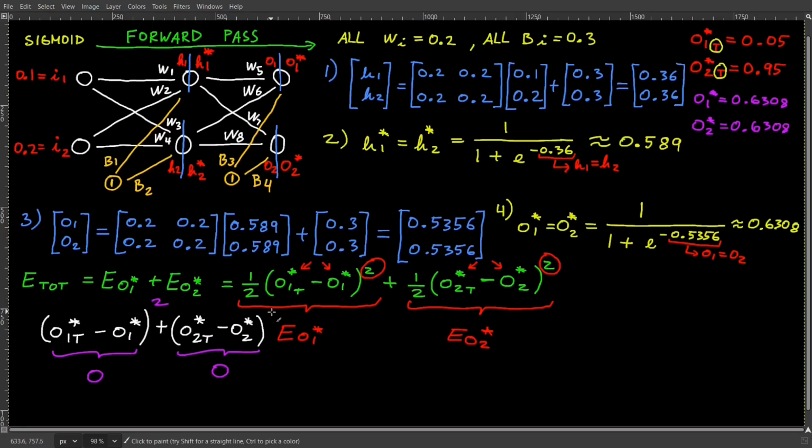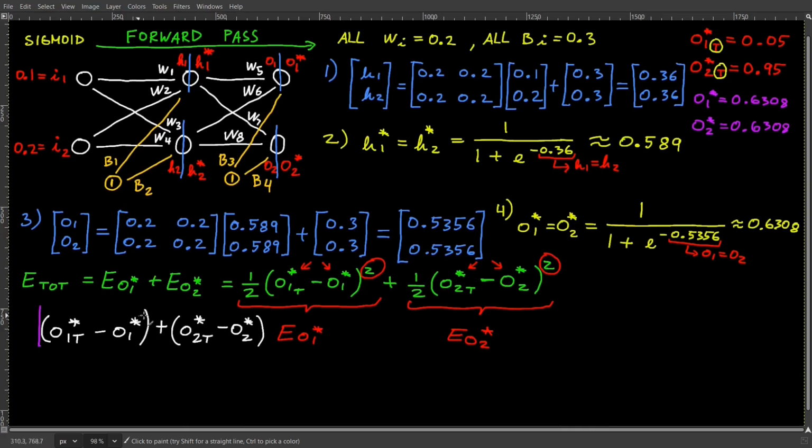When I square both differences, then both terms will be positive, and when the total error is forced to approach 0, it will inevitably mean that both of these terms and these differences will also be forced to approach 0, which is exactly what I want. If I achieve that, then the given inputs at the entrance of my network will give me the desired outputs.